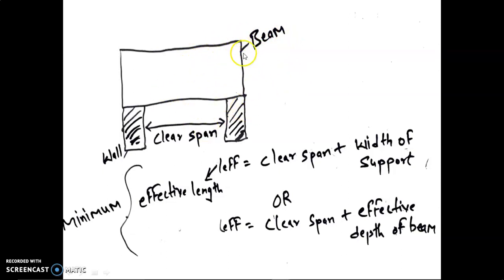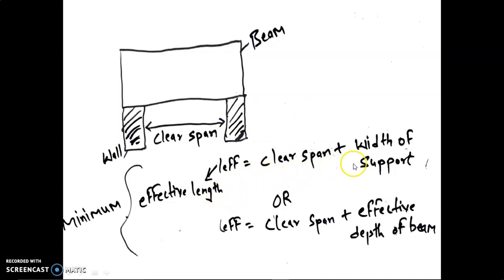Think this is the beam and this beam is supported on 2 walls. Say this beam is 300 mm width. But when this beam is supported on the wall, the clear visibility of this span is hidden. Only this part is visible clearly. So there are some rules given in IS 456-2000 for finding the effective length or effective span.